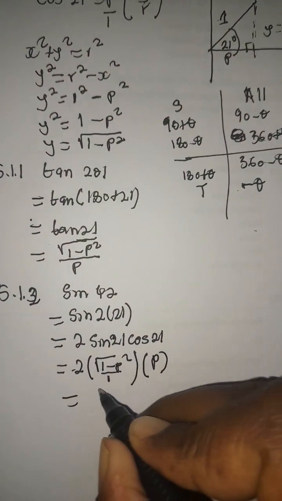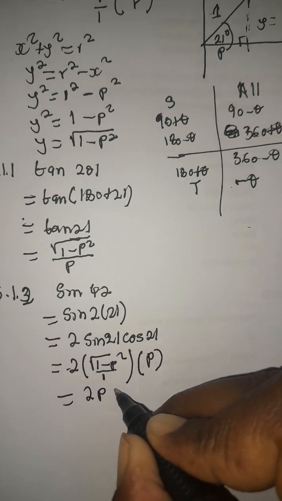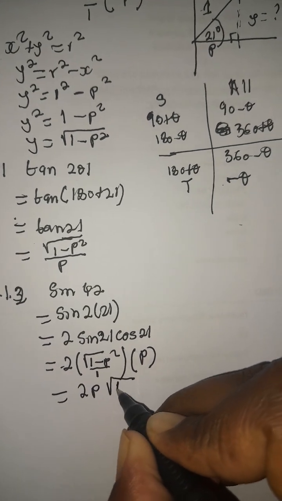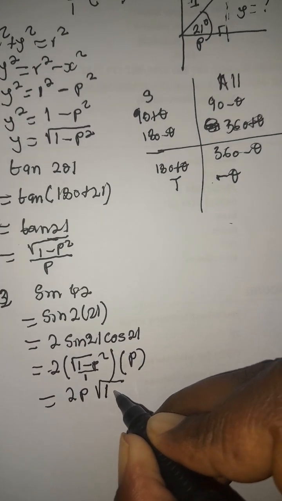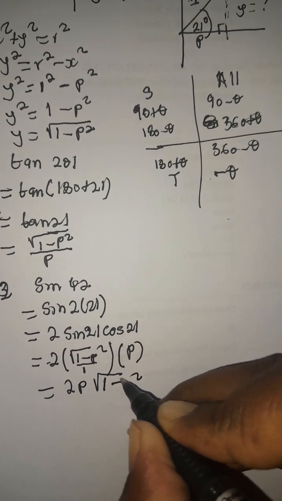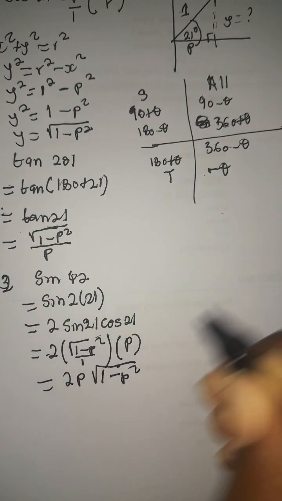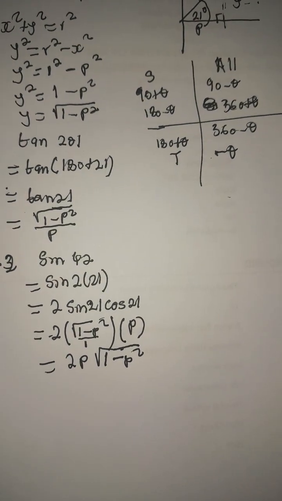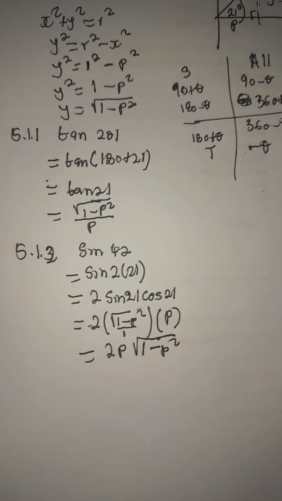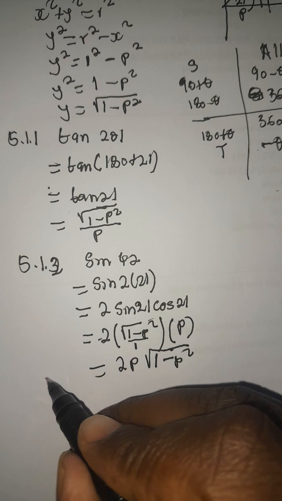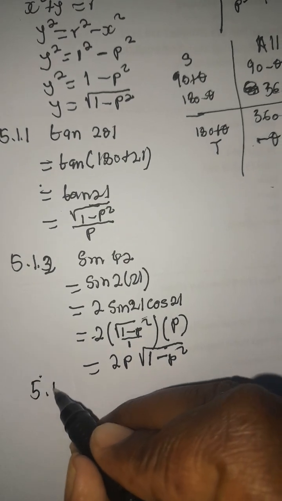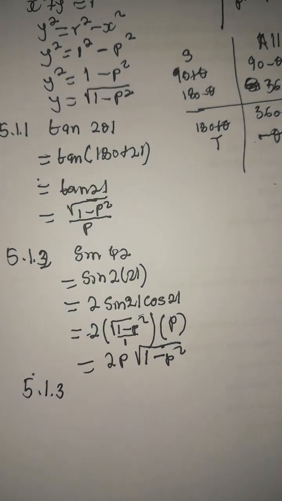Then what is 2 times p? That would be 2p. Then we are left with root 1 minus p squared, because if you divide this, it gives you root 1 minus p squared. So that's how you can tackle 5.1.2.